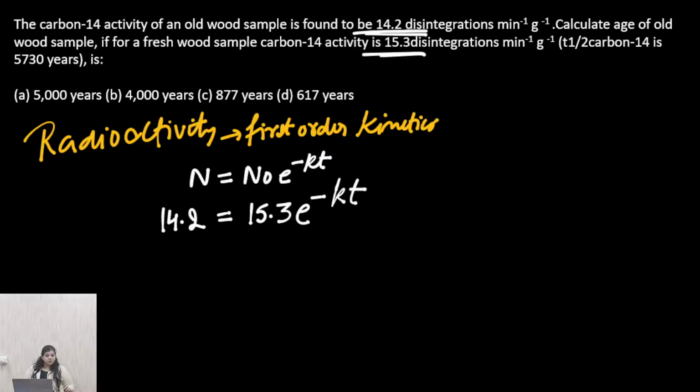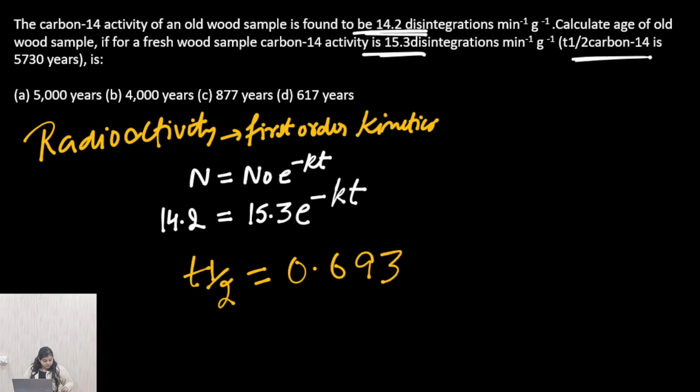This t value we have to find out, but for this we need the k value, which we can find from the t half value given to us. T half is equal to 0.693 by k, and it is given to us as 5730 years.